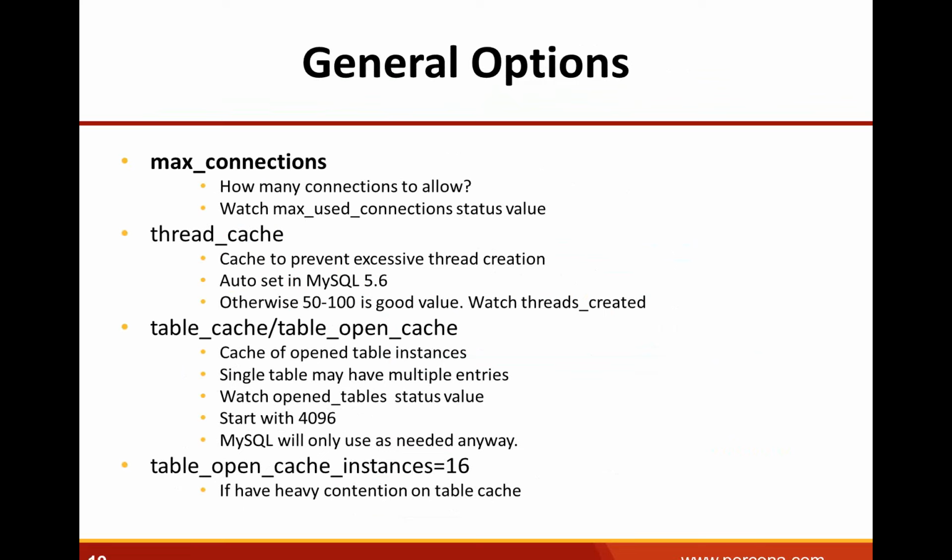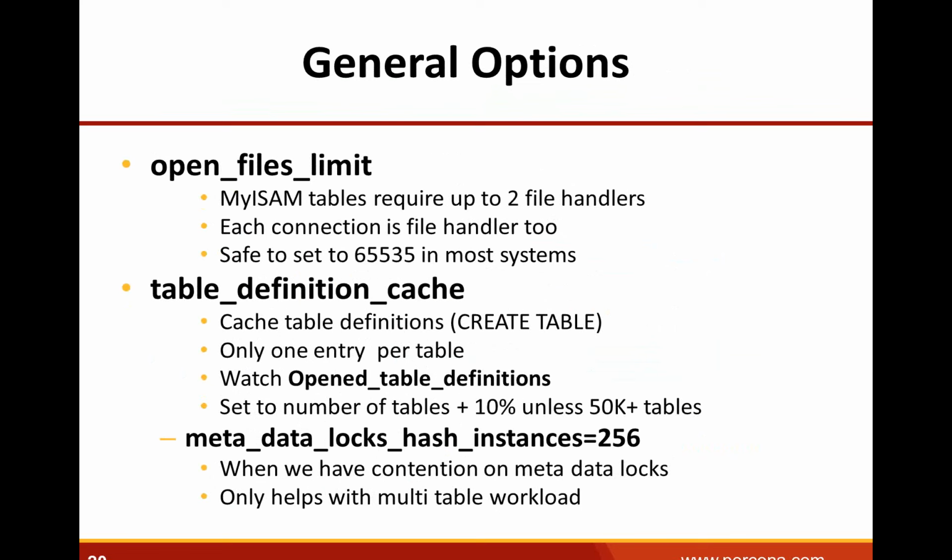Another variable you want to consider is table_open_cache_instances, which we already spoke about. Another variable to consider is open_files_limit, which again is set automatically in MySQL 5.6, and which is responsible for how many open files on the operating system MySQL will try to allow.